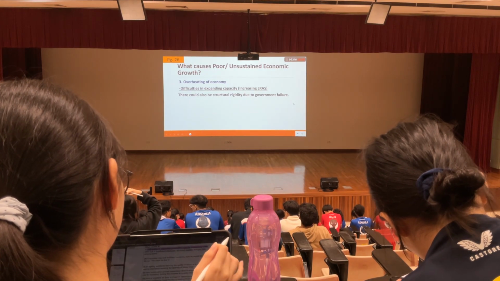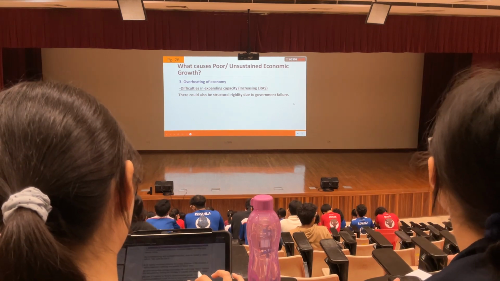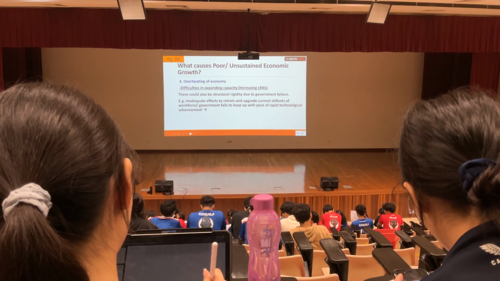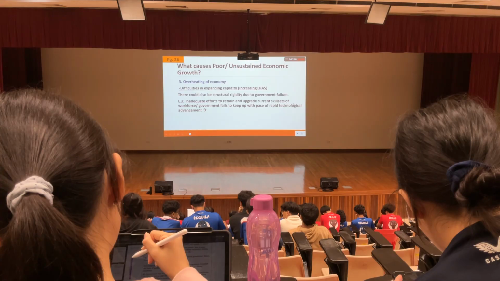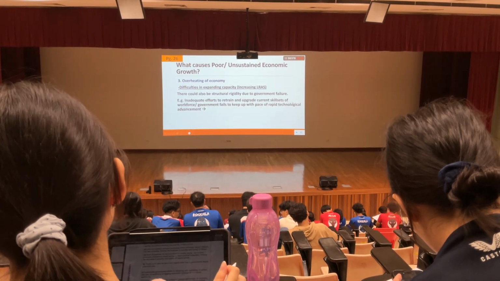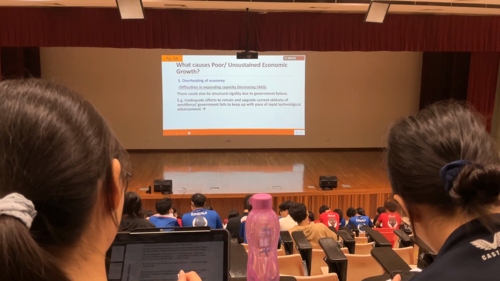Okay? So next, it could also mean that you have a structural rigidity due to government failure. What I mean by that is, for example, there are inadequate efforts to retrain your workers or to upgrade the current skill sets needed for the economy.